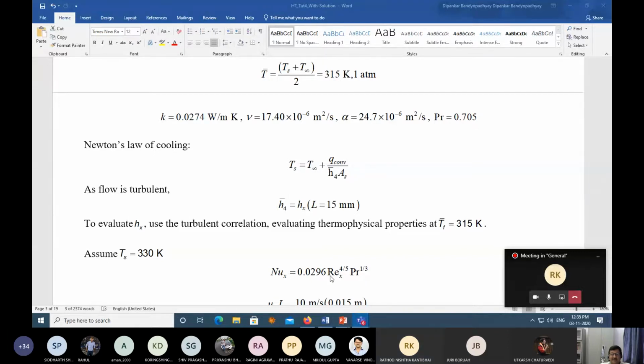And what is the Reynolds number? You have to calculate with 10 meter per second, right? So what is the Reynolds number?